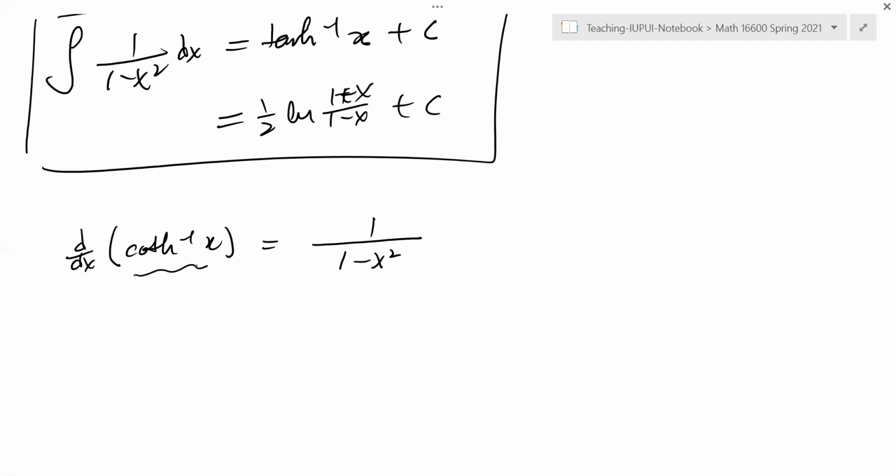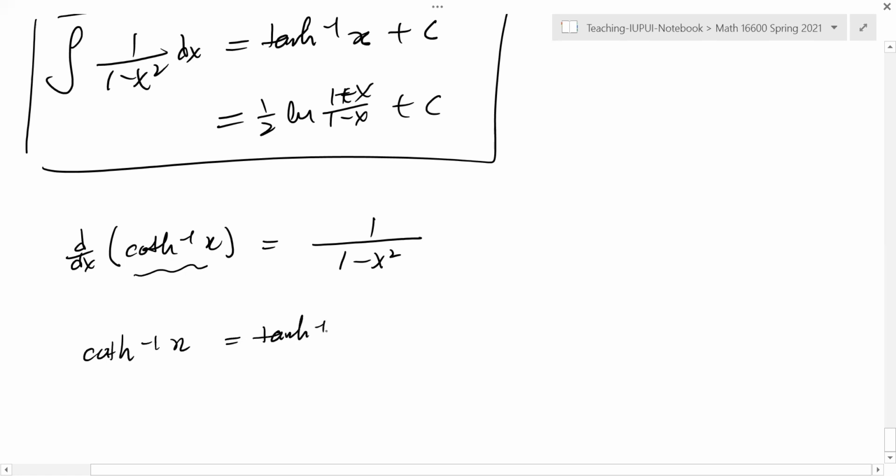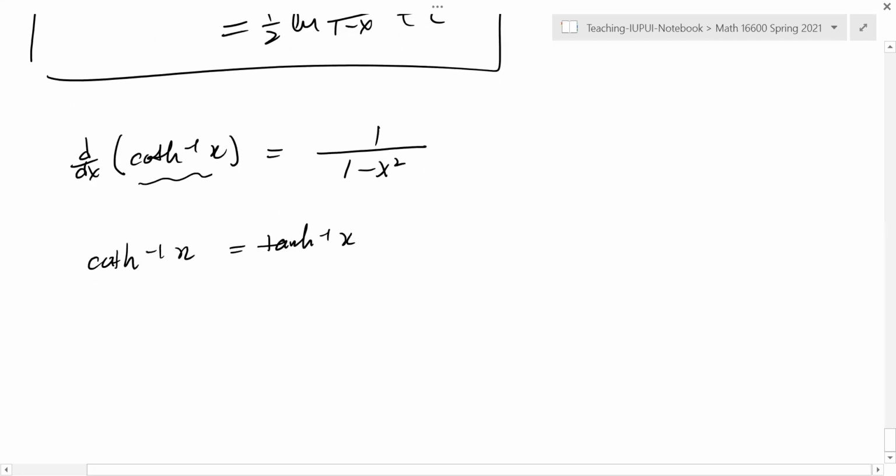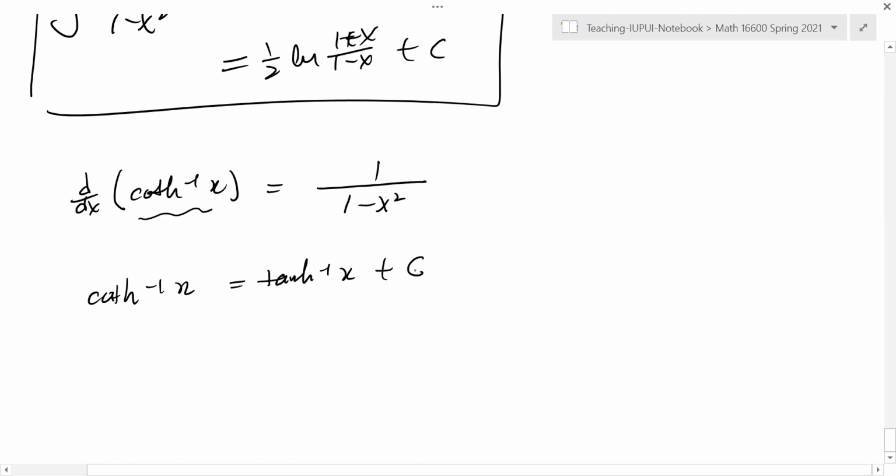So this implies the inverse of hyperbolic cotangent x and the inverse of hyperbolic tangent x are only different by a constant. They only differ by a constant, so you have to figure it out. Otherwise, when you differentiate, you don't get the same answer.